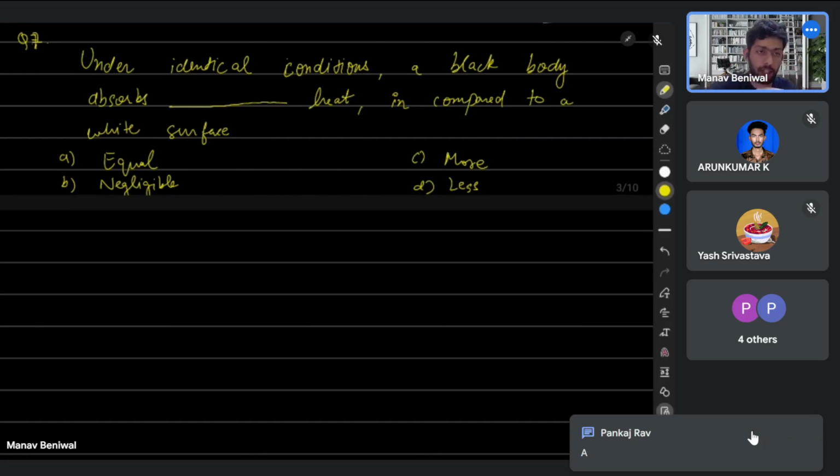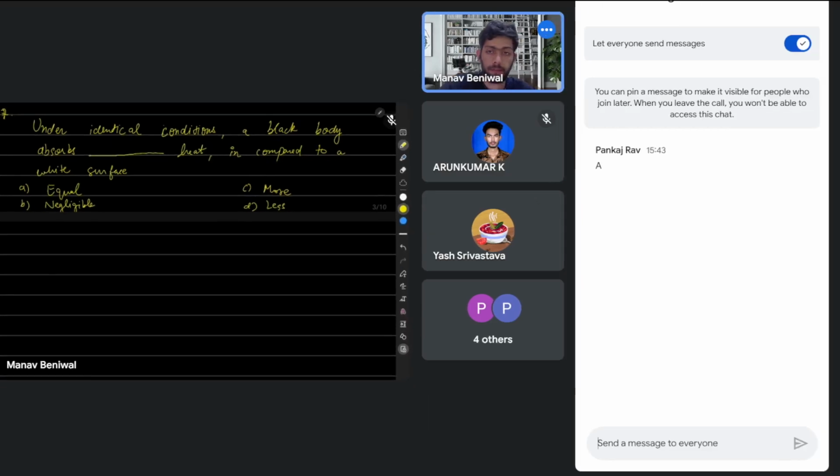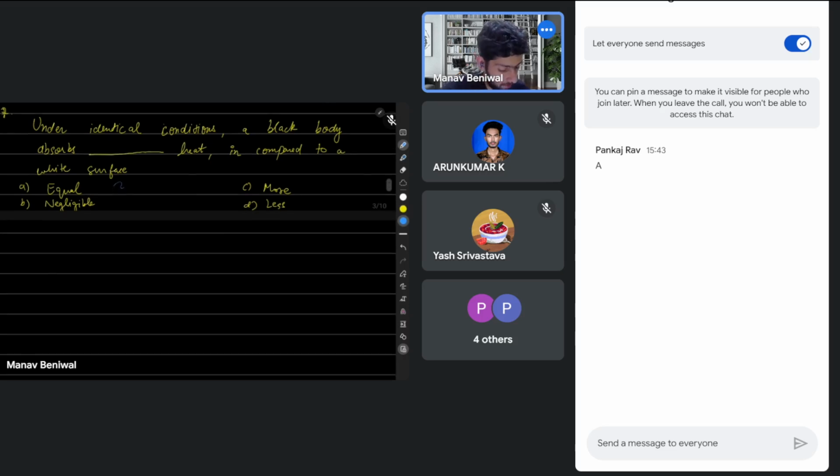Option A. Okay, good. Other people? So option C. Okay, let me keep marking here. We have one vote for A, one vote for C. We have a few other people.